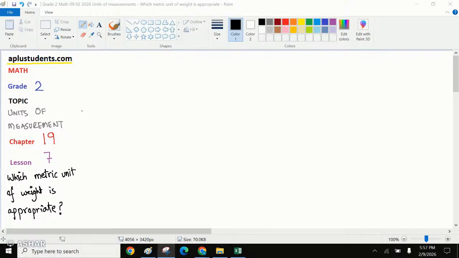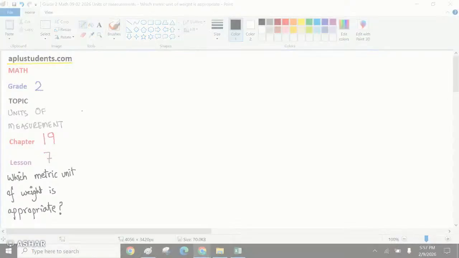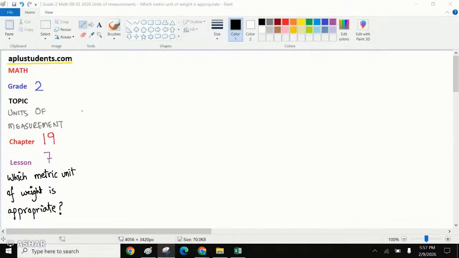Okay, so let me copy the first question. Before doing the first question, let's look at the difference. Kilo. The word kilo means 1,000. Kilo would mean 1,000.